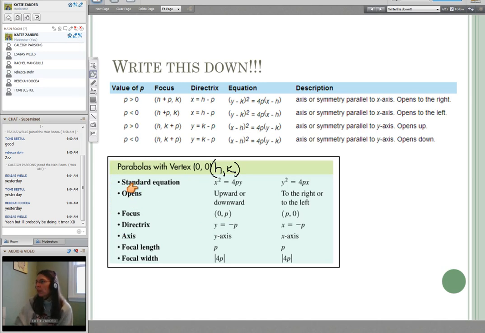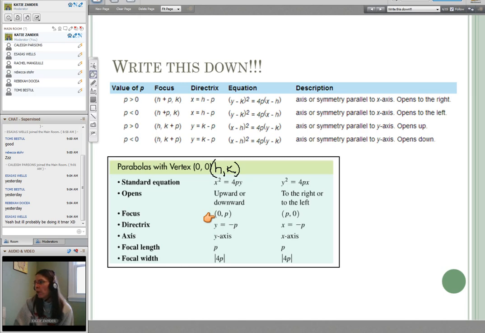But this table, if we look at it, is going to help us to create the equations. It also tells us what direction it opens, if it opens up or down. And notice that if your x is squared, that is when your parabola is opening up or down. These are the parabolas that we're used to when we have the x squared.